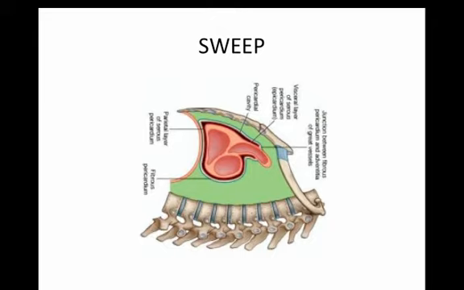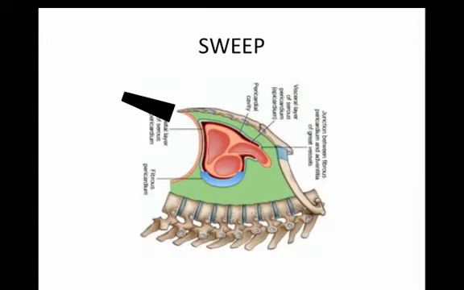Well, hopefully this animation will help you understand why we sweep. Here is the heart placed in the supine position. Small amounts of pericardial fluid can accumulate in this area posteriorly. Now, let's say we have an ultrasound probe about here.